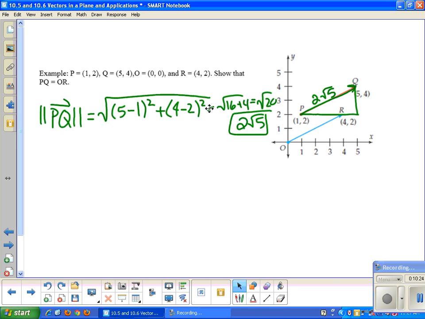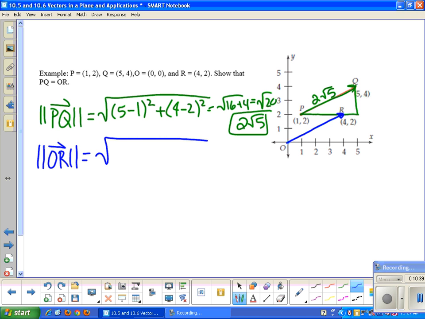Now I'm going to go ahead and do OR right there. So if I do OR, I'm finding the length of OR, the vector. So the square root of the x value subtracted, so this point minus our terminal point, which is at 0, 0.